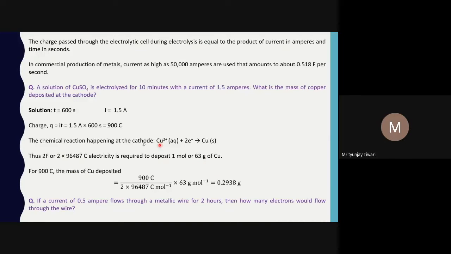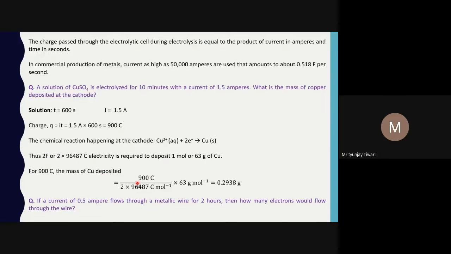That will be equal to 900 coulomb divided by this, into the molar mass of copper. The other way to do it: to find the number of moles of copper deposited, we divide this number by 2 into the farad constant, since 2 farad charge gives 1 mole. So only this much charge gives 900 divided by 2 farad moles.